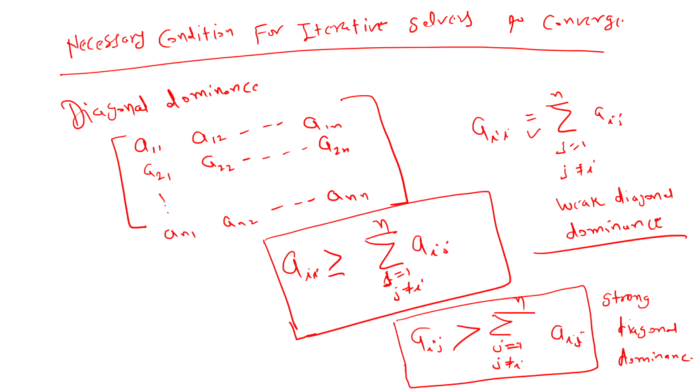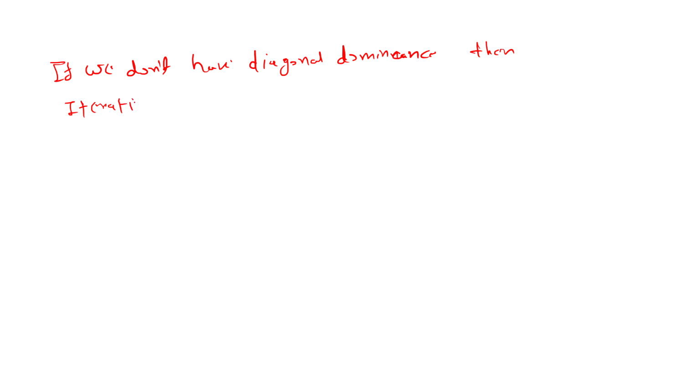If we do not have the diagonal dominance, then it is necessary to swap the rows in such a way that we get the diagonal dominance. So the point is that if we don't have the diagonal dominance, then iterative solvers don't converge.